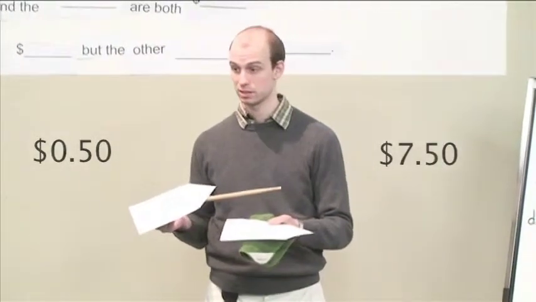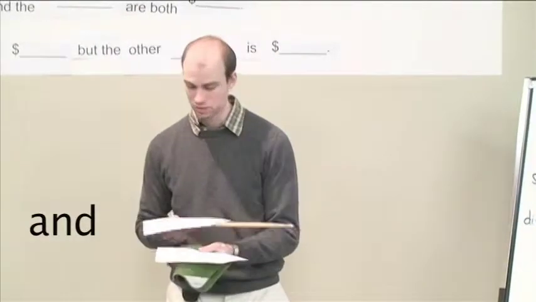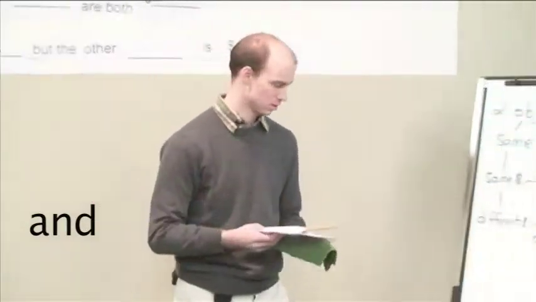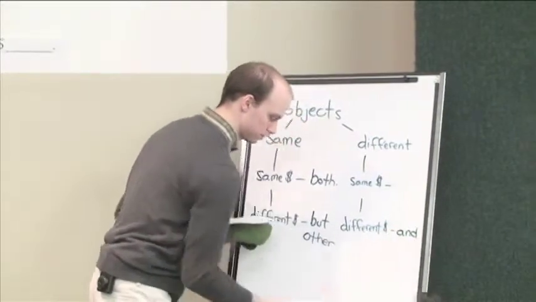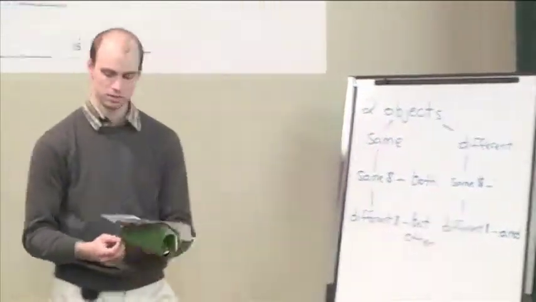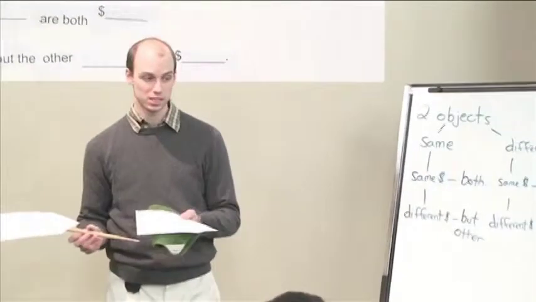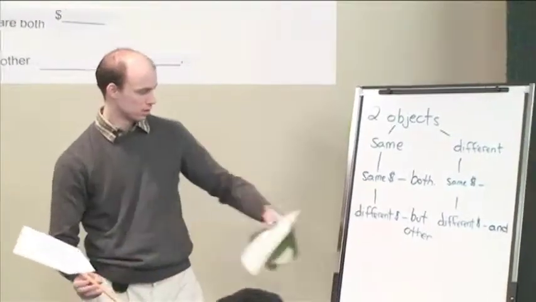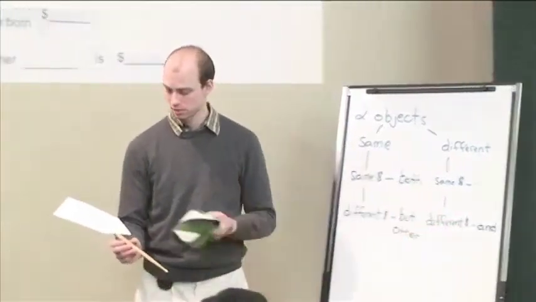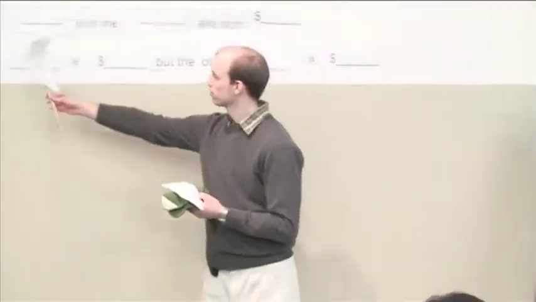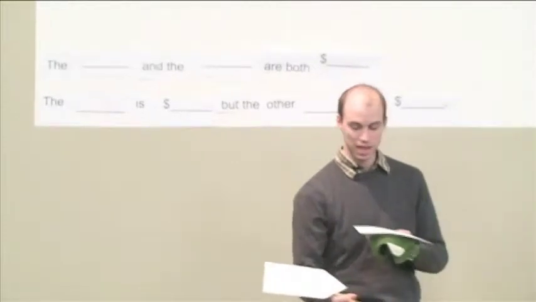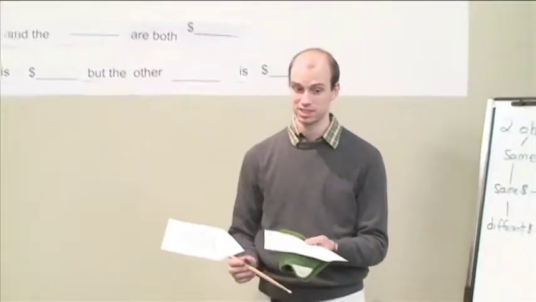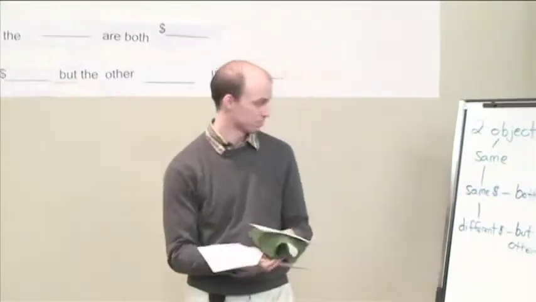And. Right. Two different objects. Different objects, different price. We use and. The drumstick is 50 cents and the towel is $7.50.